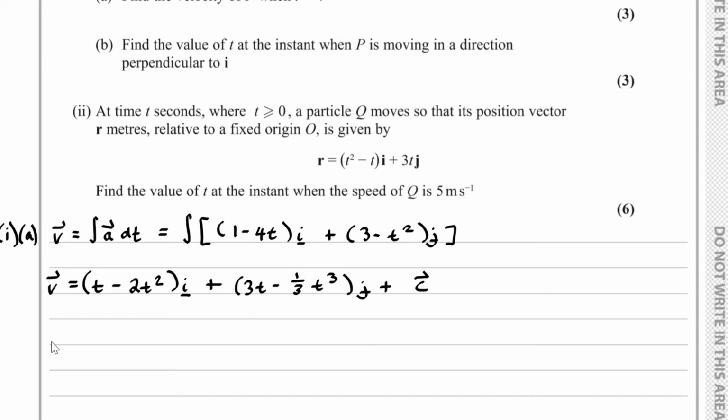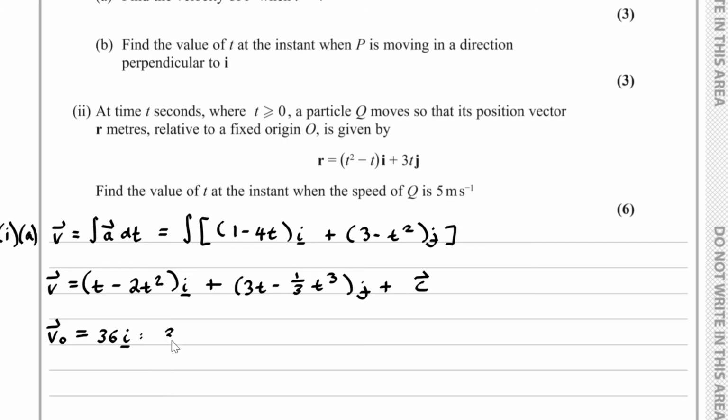And we were told that the velocity when t is equal to 0 is equal to 36i, and we can use this information to find out what c is. And once we find out what c is, we would have a particular solution for the velocity, and then we can find out what would happen when t is equal to 4. So when t is equal to 0, the velocity is equal to 36i.